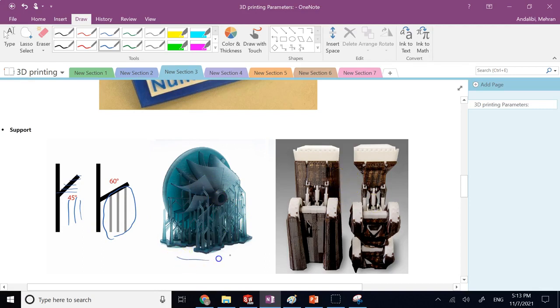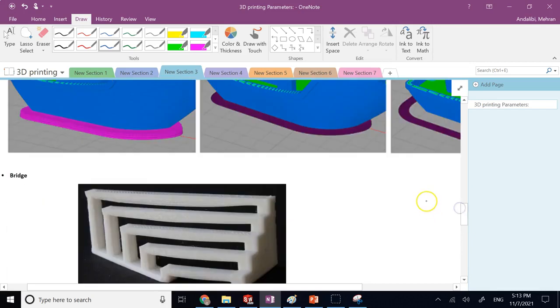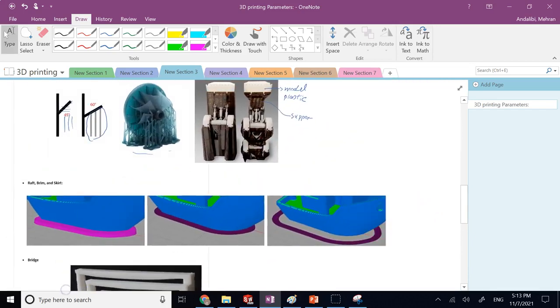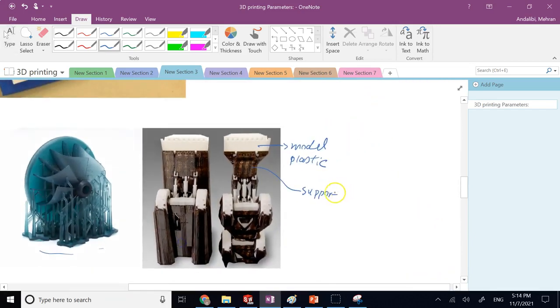Here you see clearly the support is the same resin as the part is, but here the support material is different. The model material is white. So this is the model plastic, which could be like ABS or ASA. And this brown one here is the support plastic, which could be like HIPS or QSR plastic. And what's the difference between these two plastics?